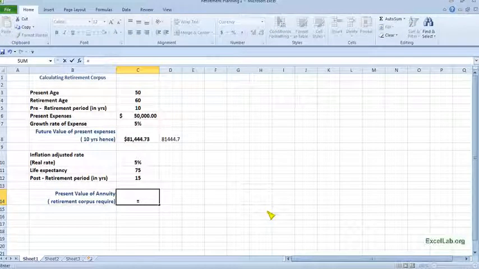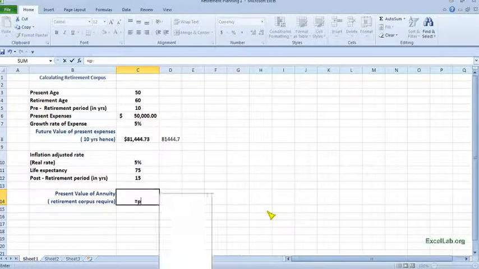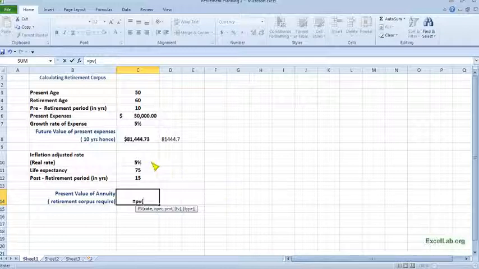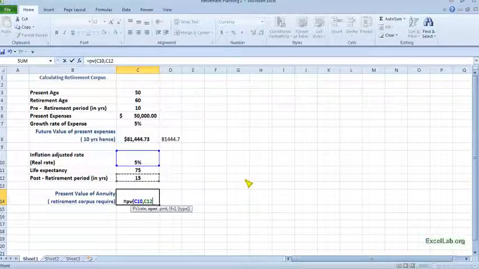Again, first I'll use the inbuilt function, which is called PV. Similar to FV, I'll put PV. The rate is 5%. Nper is the number of periods, so the life expectancy is 75, so 15 years.